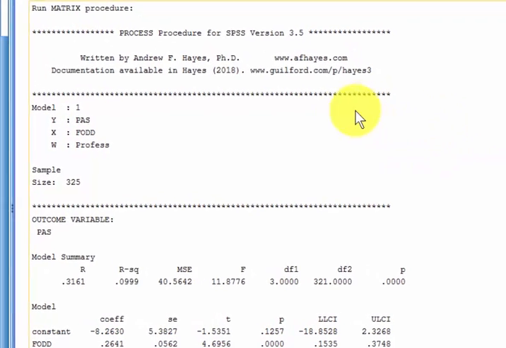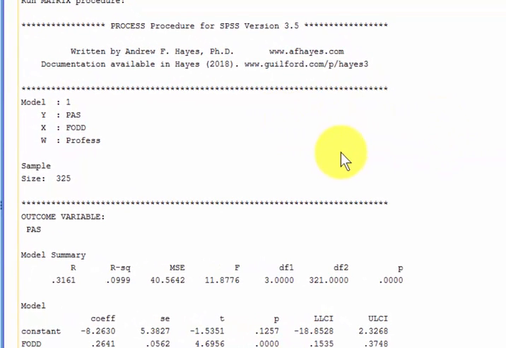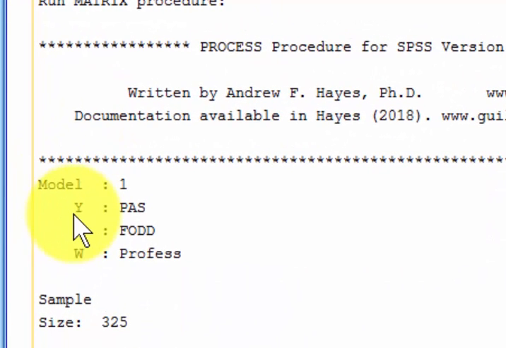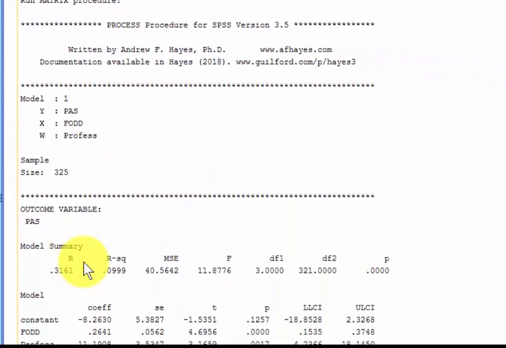This is the Hayes PROCESS output. It's different. This is actually something called R, which you don't need to know. So the model: the Y, your DV, was POS, your IV was FOD, your suspected moderator was profession. You can only put 8 letters in there, that's why I had to change it to profess. There's your sample size. Your first model summary was significant.